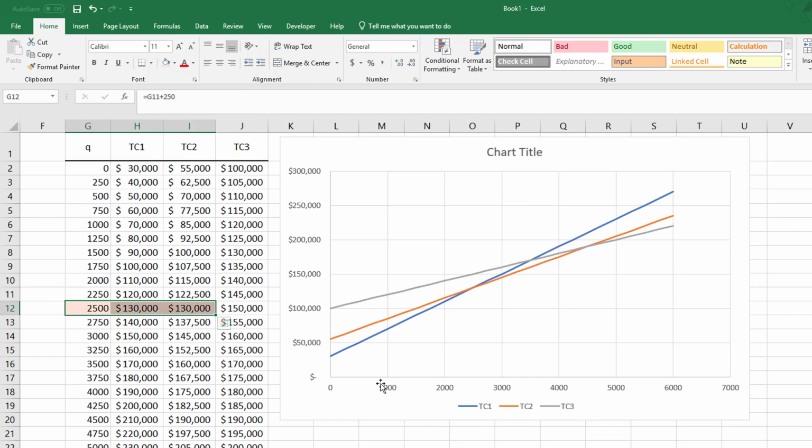So let me mark it so that I don't lose it. So apparently, for 0 to 2,500 units, Sandusky, Ohio is going to be the low-cost location. But from 2,500 units on, it's going to be Erie, Pennsylvania, until this intersection.